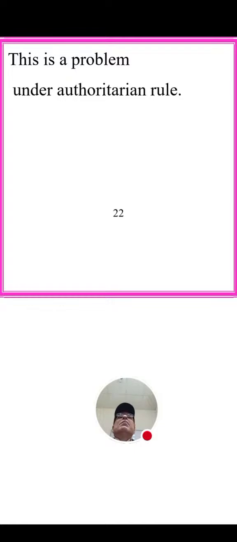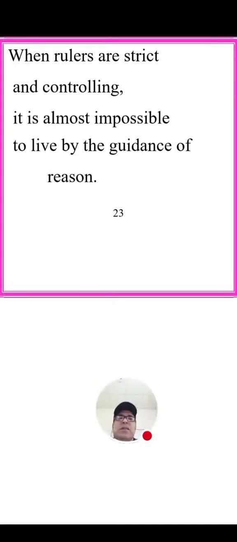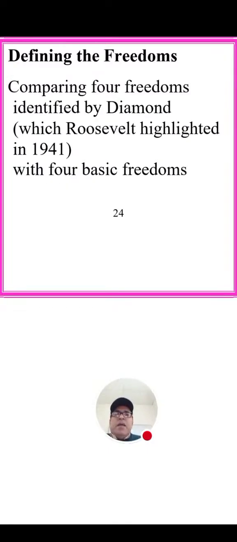They may not act upon the dictates of reason all the time. When rulers are strict and they control the people, it is almost impossible to live by the guidance of reason.